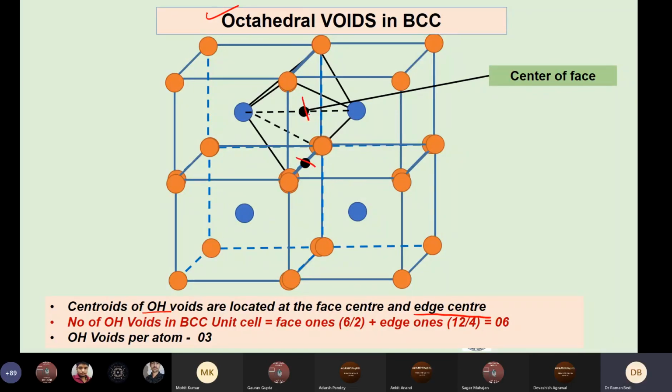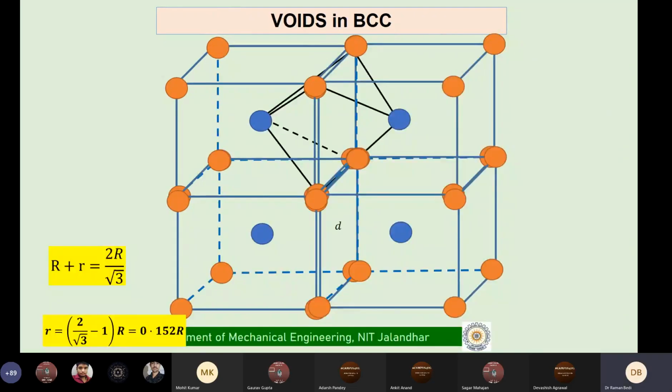So at the edge and at the face center is where the octahedral voids are located in the case of a BCC system, and this is where we find them located here. We can calculate the size and their relative value here. I will just take you to the values where you have the end results that we are looking for.